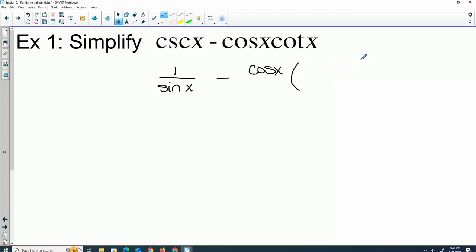Times cotangent. How would I write cotangent using sines and cosines? It's 1 over tangent, but what if I want to go with sine and cosine? And just make sure you are putting those arguments. So we put cosine x over sine x.